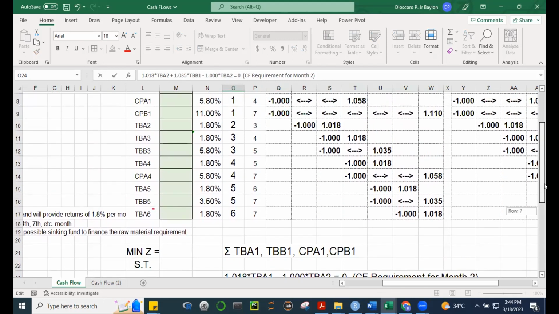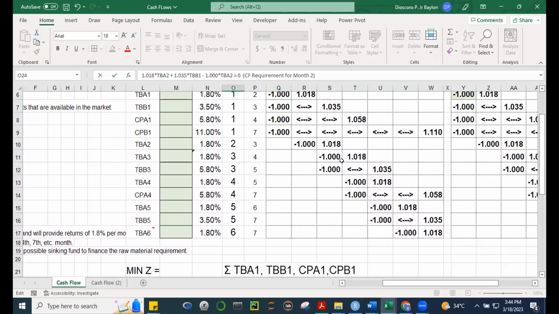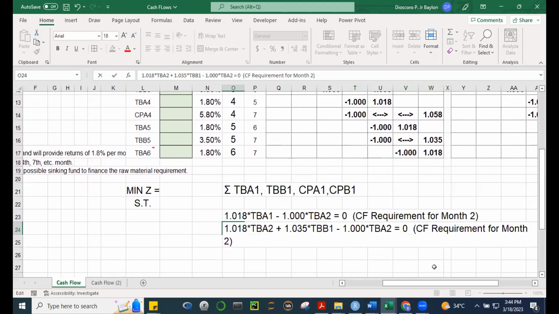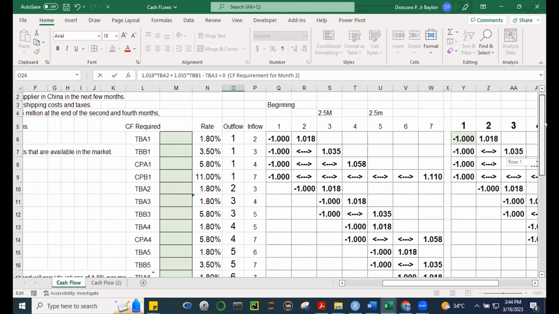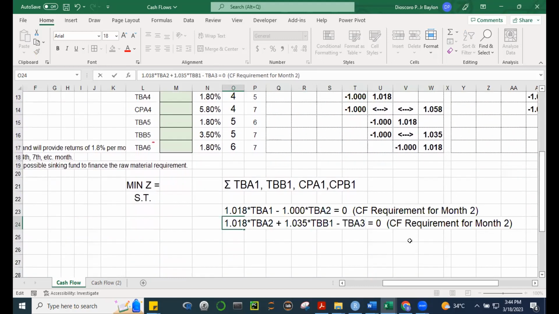And then we have minus TBA3, minus 1 times TBA3, and then minus TBB3, month 3. So this should be minus TBB3.